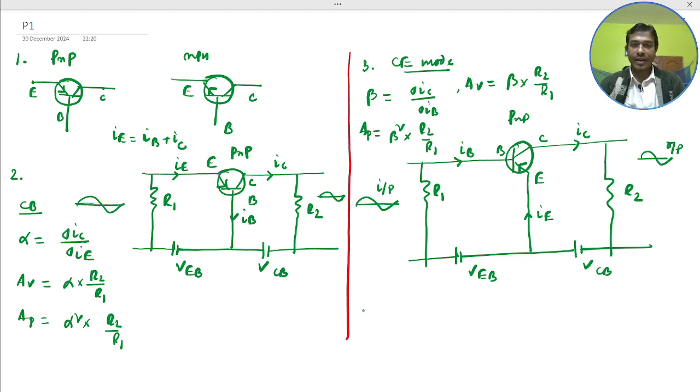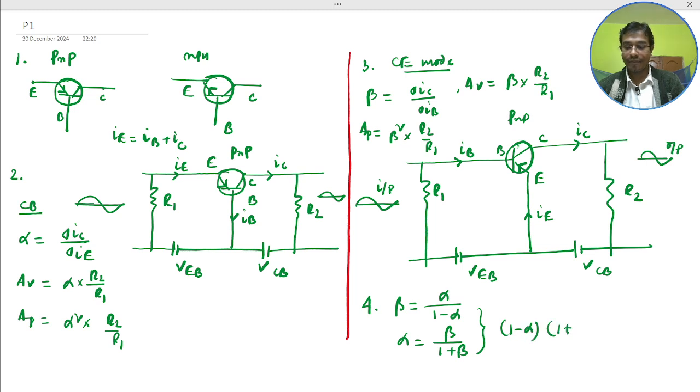So last one, the relation between alpha and beta: beta equal to alpha by 1 minus alpha, or alpha equal to beta by 1 plus beta. These are the relations, and 1 minus alpha into 1 plus beta is equal to 1.